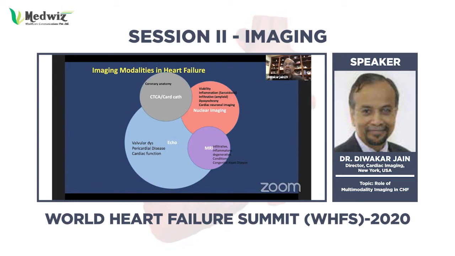I'll focus on the areas which are unique for nuclear imaging, where the information provided is something which cannot be obtained readily by other imaging modalities, like viability, inflammation imaging in sarcoidosis, infiltrative conditions like cardiac amyloidosis, and dyssynchrony imaging.